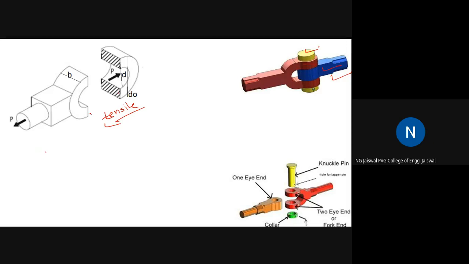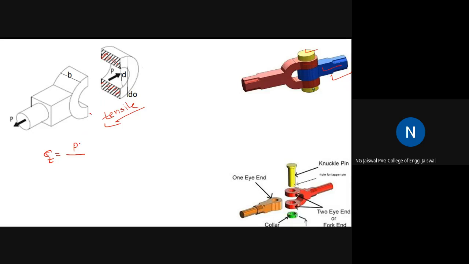The equation is tensile stress sigma T equal to some force divided by cross-sectional area. Which cross-sectional area? The cross-sectional area under failure. It means this cross-section shown as hatch and this cross-section shown as hatch, because here there is no material, there was a hole. So these two surfaces together will form the area under failure.